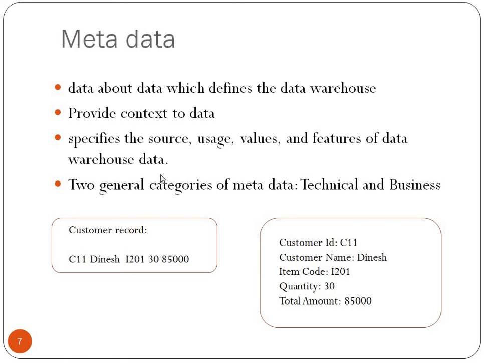In a data warehouse, metadata plays an important role as it specifies the source, usage, values, and features of data. There are two general categories of metadata. First is technical. Technical metadata is generated by the data definition language, DDL, associated with the relational database. For example, it includes table names, column types, sizes, and indexes. The second type of metadata is business, which deals with business-related aspects.